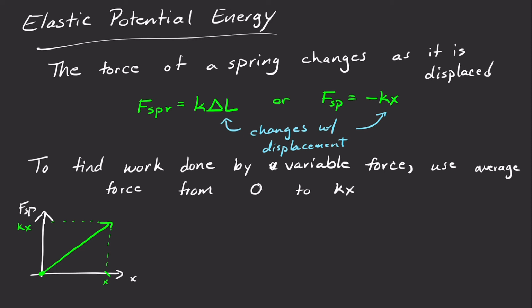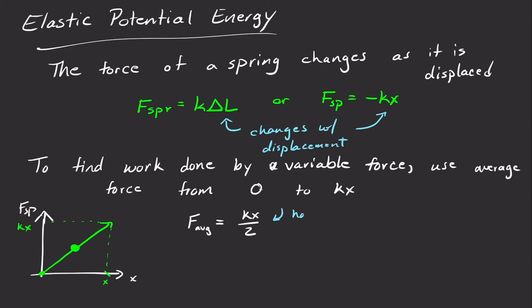So what we can do is just take the average of this force. So F average of the spring is kx over 2, so it's just halfway in the middle.